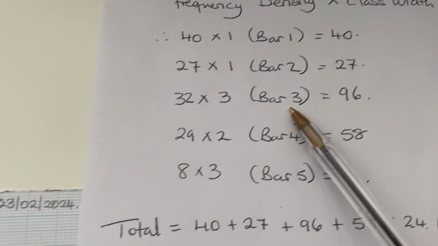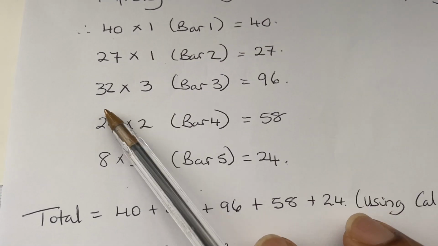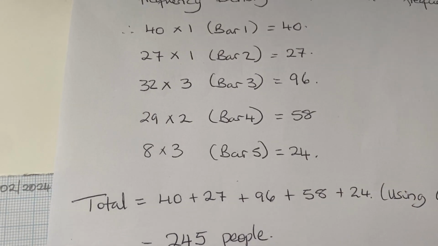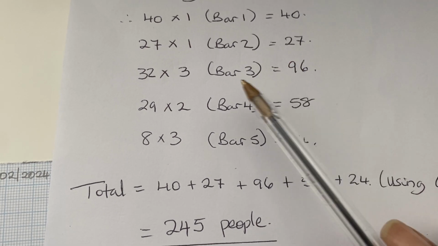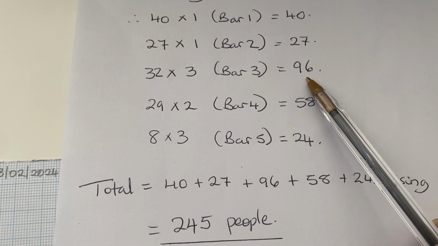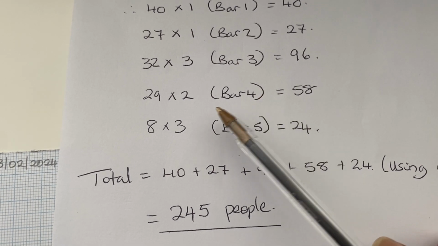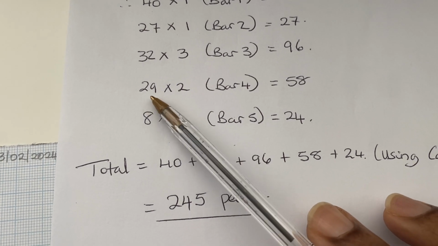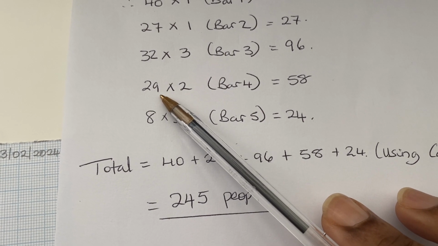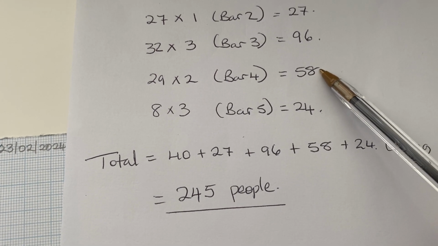Now, bar 3, you have a class width of 3 times the height of the bar chart, which is 96. The fourth bar, you have a class width of 2. The height is 29, giving you 58.